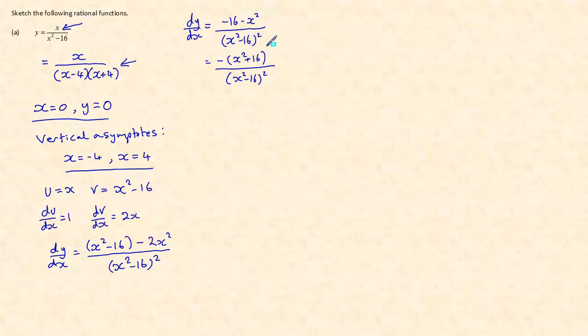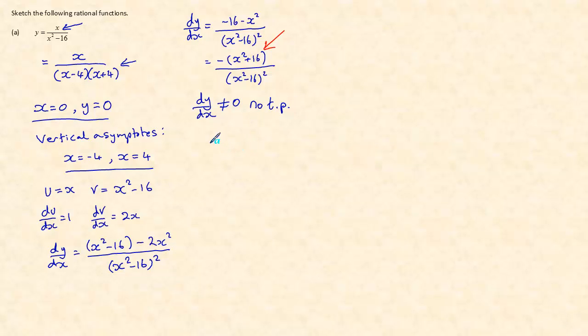Now we can recognize this as a quadratic which won't factorize in the reals, so we can say that dy dx is never equal to 0. So we have no turning points.